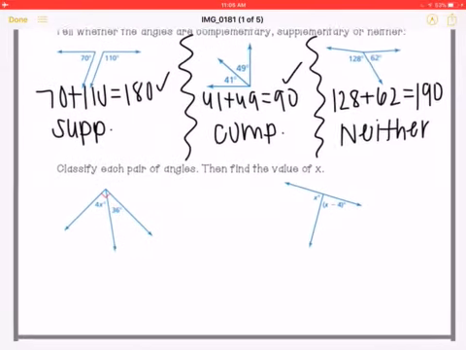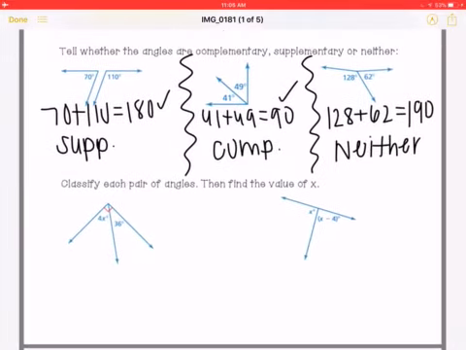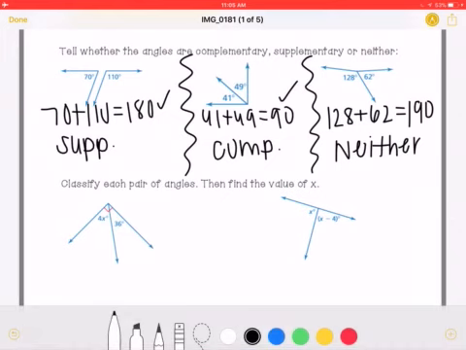And then these last two examples, we're again going to classify them as supplementary or complementary. They are going to be one or the other, and then we're going to find X. This first one, I notice that they're forming a right angle. There's my red little box in the corner, so I know that these are complementary to one another, which is telling me that together, if I find the sum of these two angles, it equals 90.